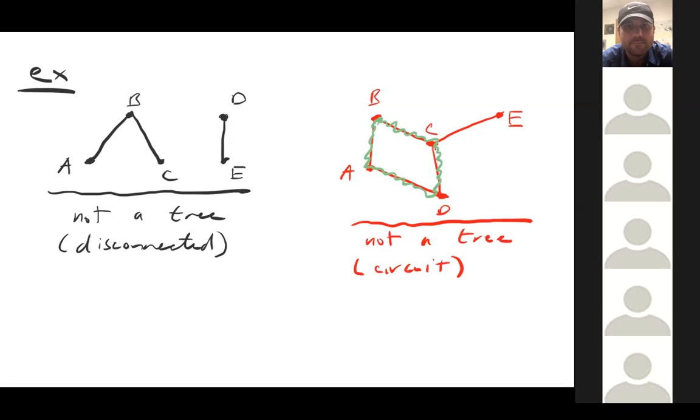Anyway, this has a circuit in it. Reminder: a tree is connected with no circuits. The first one is disconnected and the second one has a circuit, so neither of those are trees.